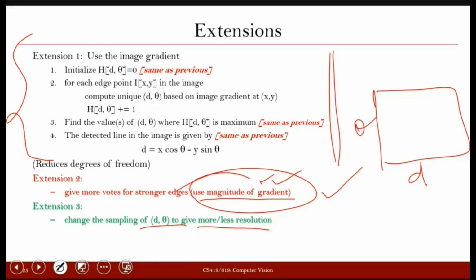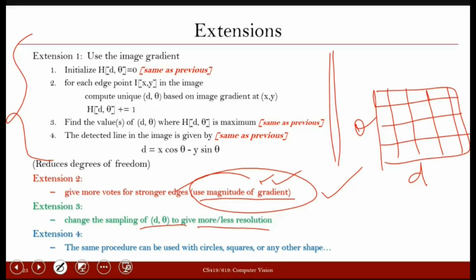For different values of the resolution, we can have different outputs. Okay, and with this we'll stop. The fourth extension to this, we'll see in the direction of circles and squares.